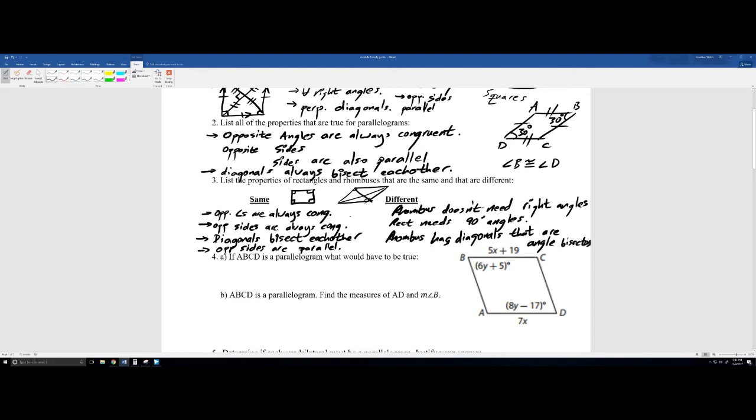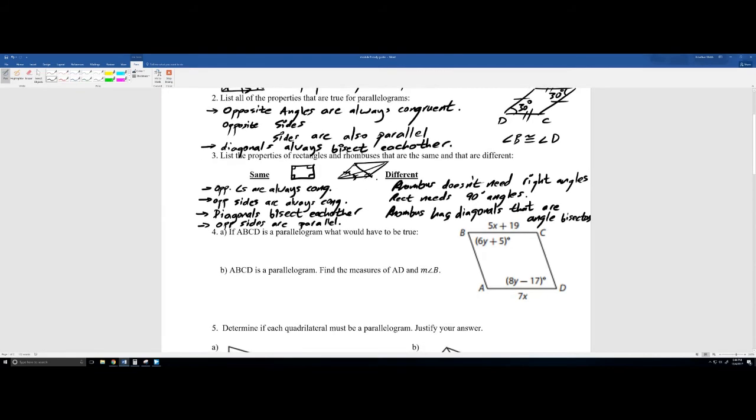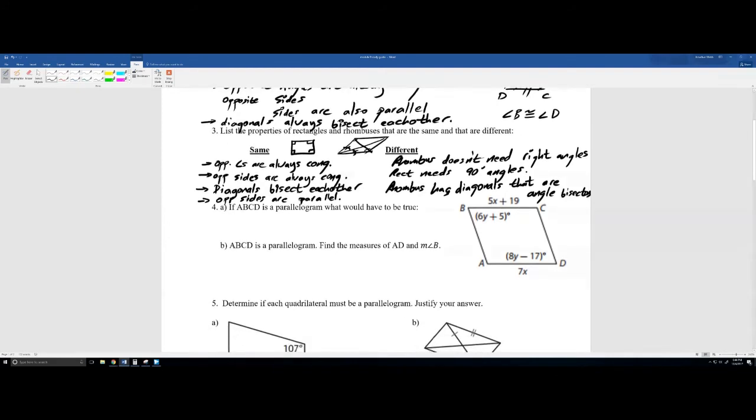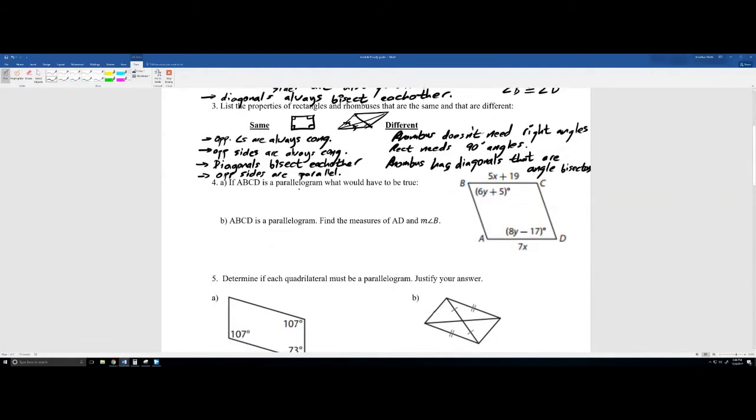That's something kind of special. So this angle would be congruent to this angle. That's the interesting thing about rhombuses and their diagonals. If there are any more that I missed, guys, please let me know. Also, debate this with your friends.